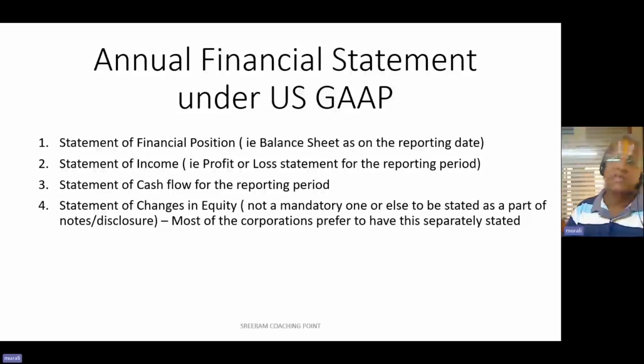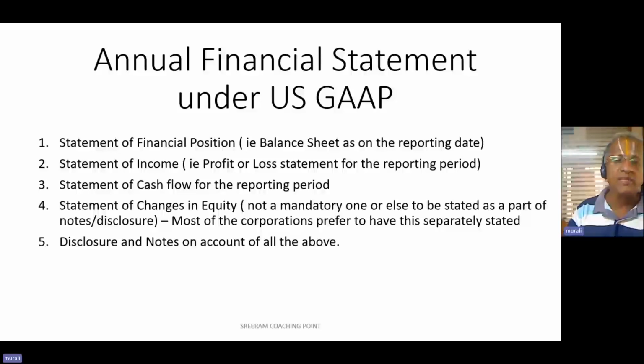They have said it can be taken in notes or disclosures as the case may be, rather than as part of the financial statements. But most corporations and companies prefer to take this as a separate item and call it the statement of changes in equity.